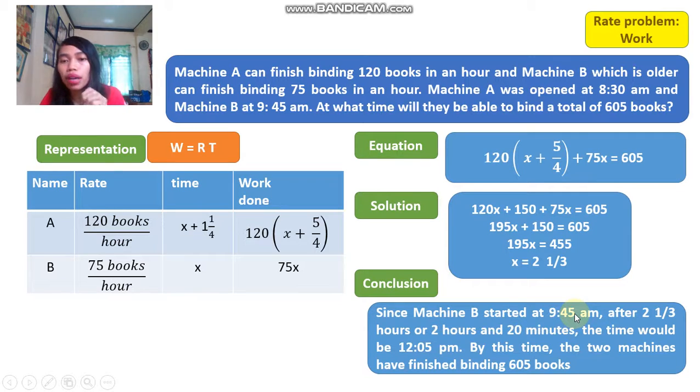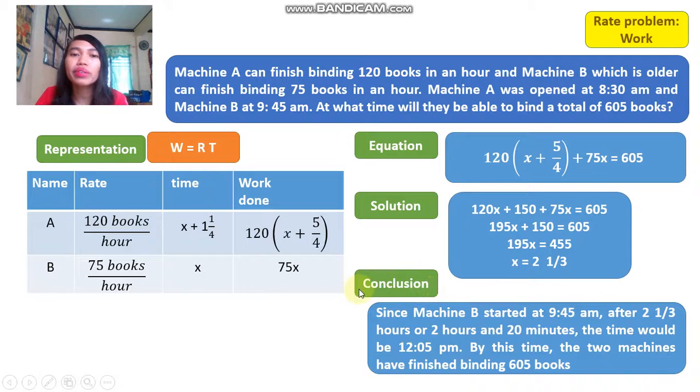From 11:45, 15 minutes gets to 12, and 5 more minutes, so that is 12:05 p.m. By this time, the two machines have finished binding 605 books. So the answer for this problem is 12:05 p.m.